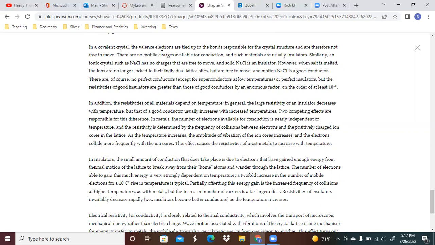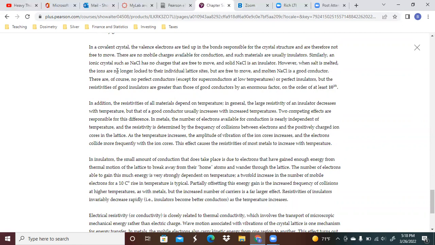In a covalent crystal, the valence electrons are tied up in the bonds responsible for the crystal structure and therefore not free to move. There are no mobile charges available for conduction, and such materials are usually insulators. Similarly, an ionic crystal such as NaCl has no charges that are free to move, and so the solid is an insulator.